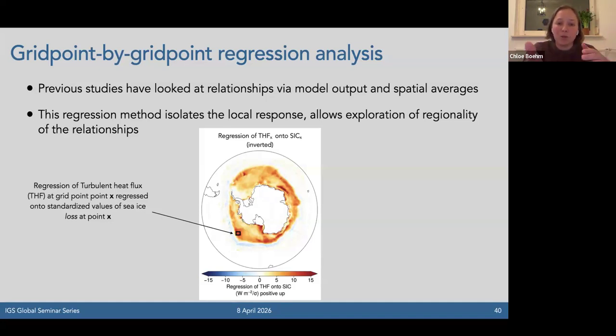This regression, and it's going to be consistent across the regressions you'll see, is always onto inverted sea ice concentration, or sea ice loss. That's simply because we found it an easier way to see the resulting impact on turbulent heat fluxes from sea ice loss, just a sign difference.